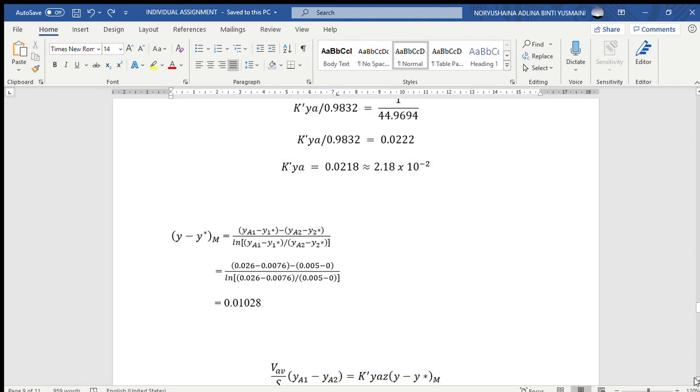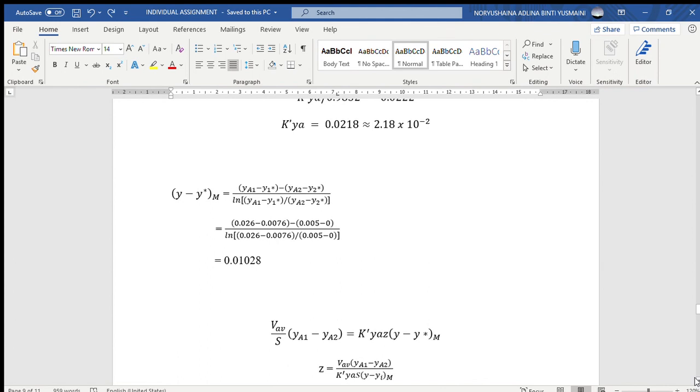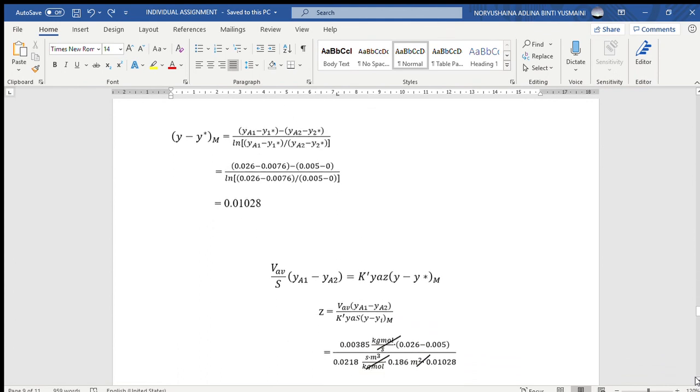So before we can calculate the tower height, we need the value for y minus y star m. This is actually the formula to calculate the tower height, which is represented by Z2. We know that we are missing the value of y minus y star m.